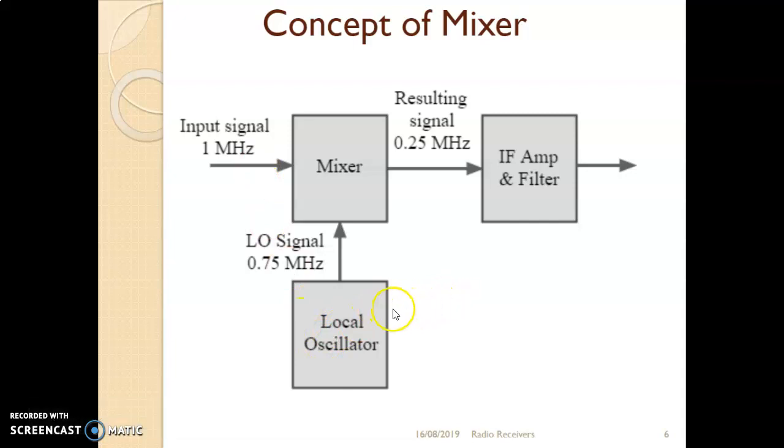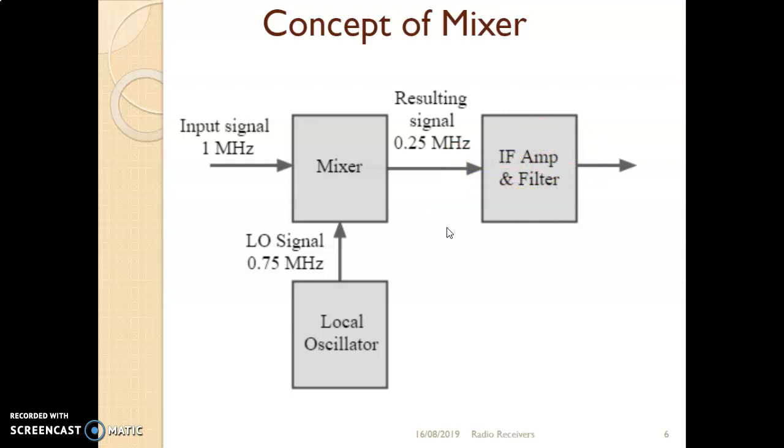Second is the local oscillator, which is internally generated. The mixer output can be the sum also, but for the radio receiver we are using the difference, and that difference we call IF, the intermediate frequency.